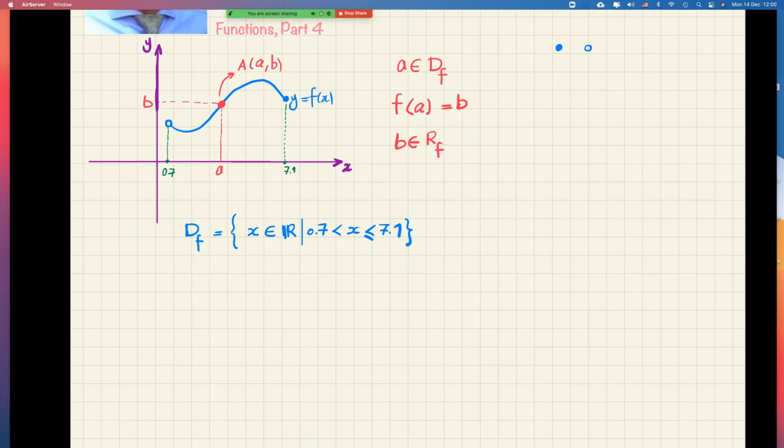Okay, if I want to ask you about the range, what do I need to do? Do you have any idea before explaining this? Can you tell me what to do for this graph? What should I practically do in order to get the range of the graph?